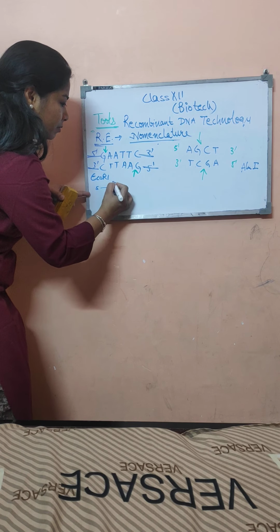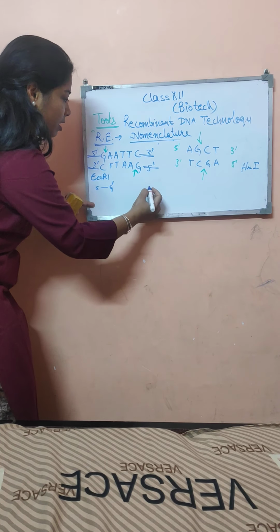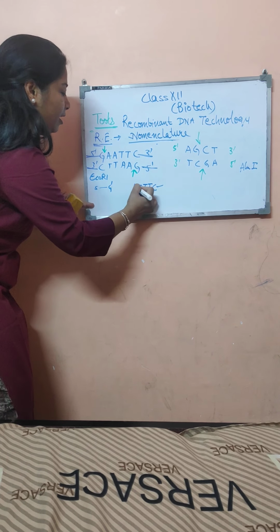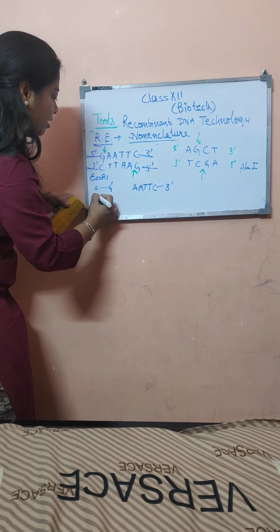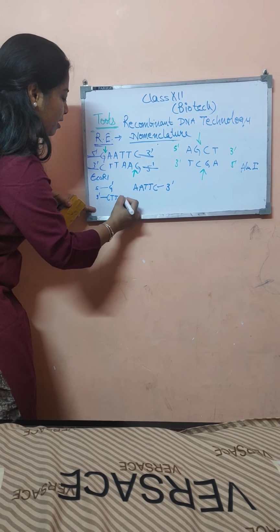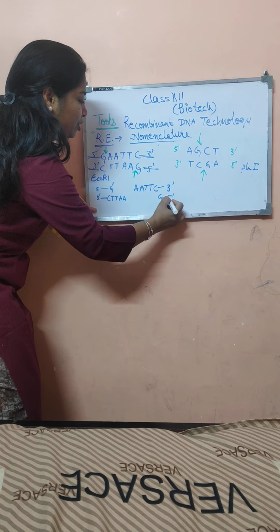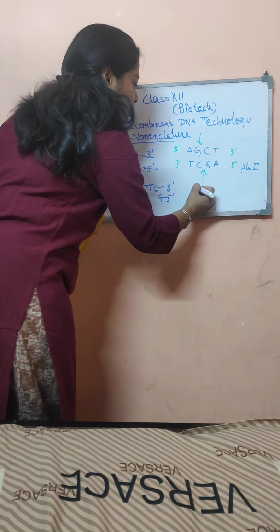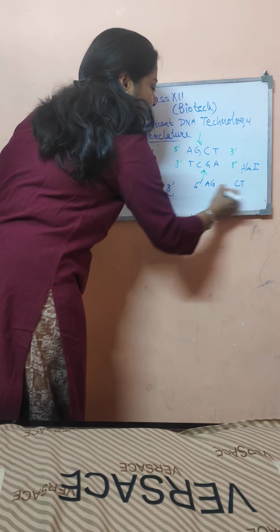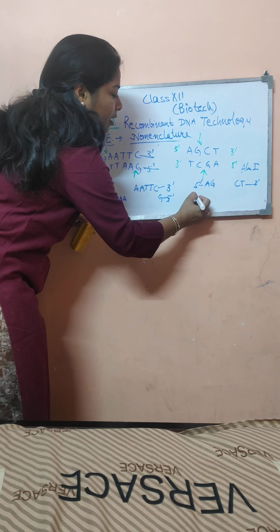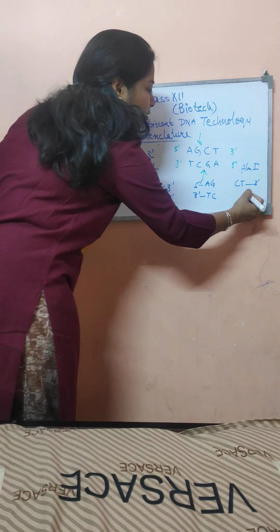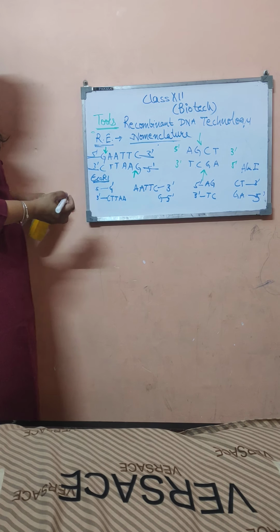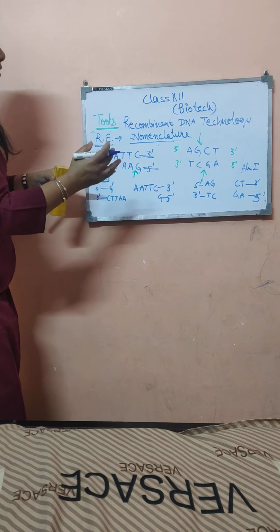5' G, and in this is C, T, T, A, and here it is C, T, T, A. Here it is G. And by the cleavage of AluI, it is AGCT, and here it is the same, and these are known as different ends.